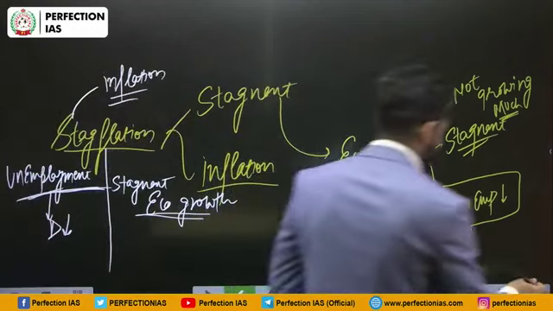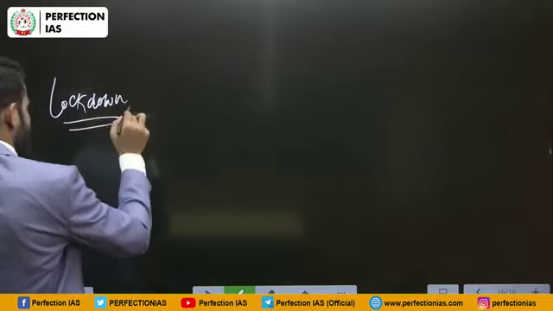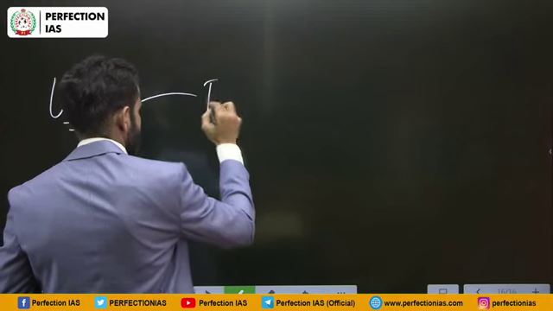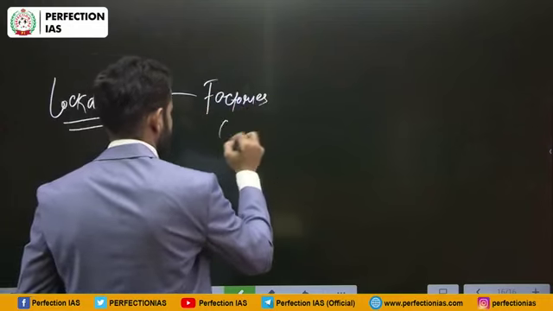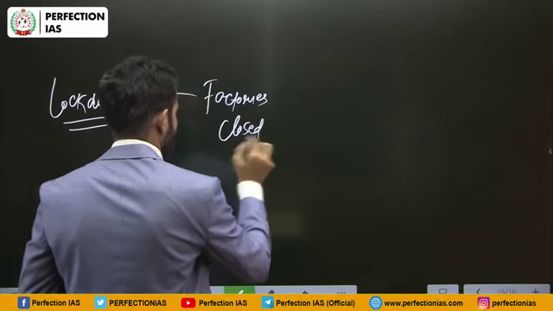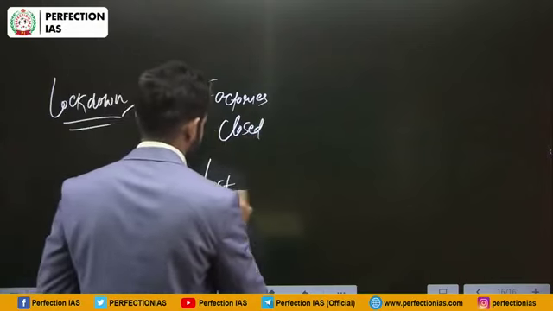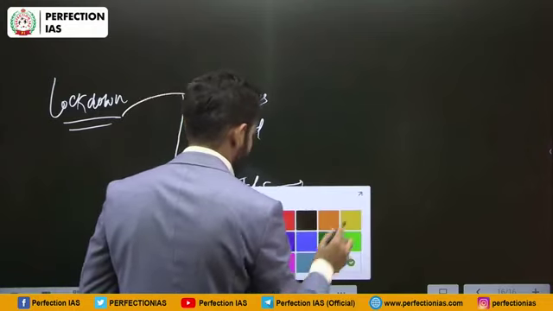Let's consider the example of COVID or lockdown due to COVID. In lockdown, the factories were closed, and a lot of people lost their jobs. So unemployment was high.